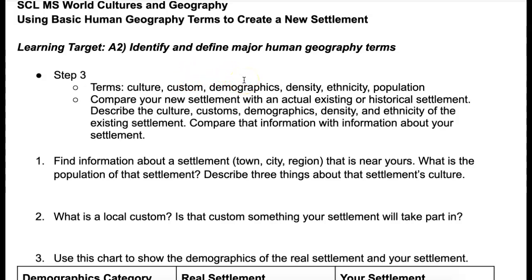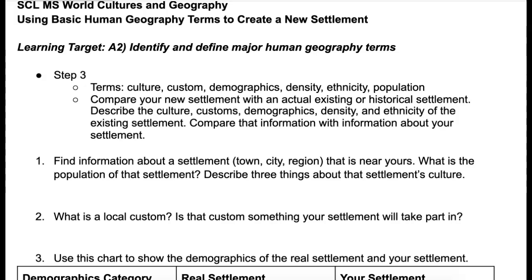Demographics is a big word that really tells a big story as you look into what it does. So demographics is now the makeup of the people that you have in any given place. So you're going to do some demographics with two places.